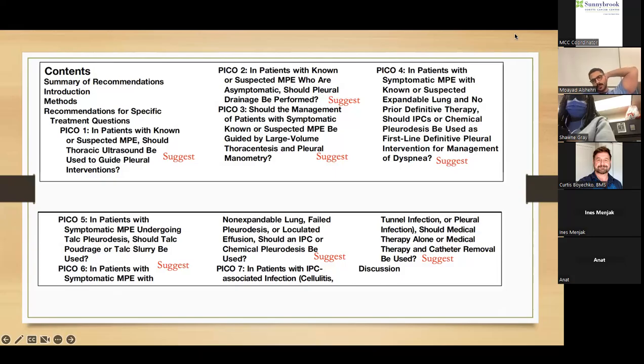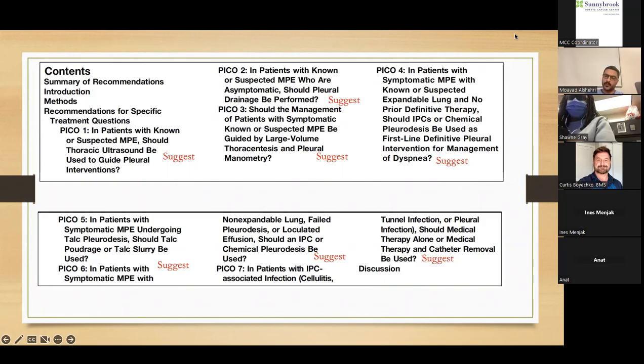So say if it's just cellulitis, just a skin infection, you try to give a course of oral antibiotics at home. Even if they appear to be kind of toxic and require admission, you can actually connect their IPC to a pleurovac and try to drain them, use the TPA as well to drain the effusion and the infection, and use IV antibiotics.